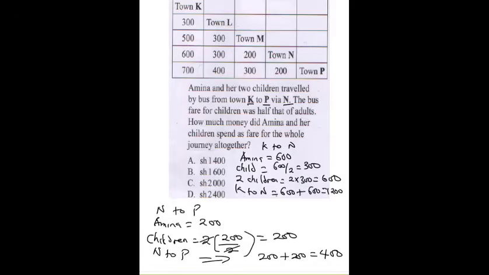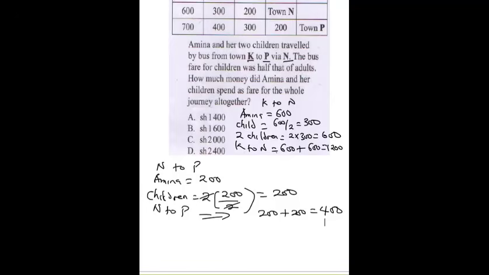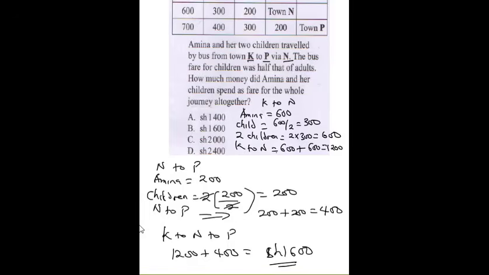So for you to get the total journey, that's K to N to P, that's 1,200 plus 400. And that's going to give us a total of 1,600 shillings. So the correct answer here is going to be what? B.